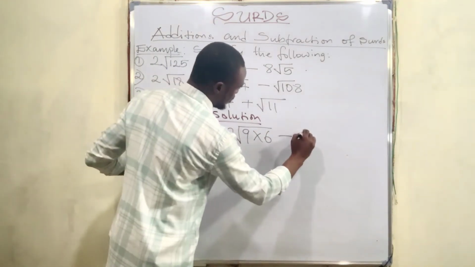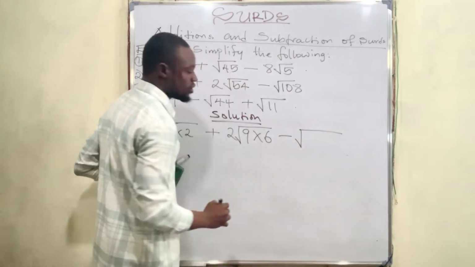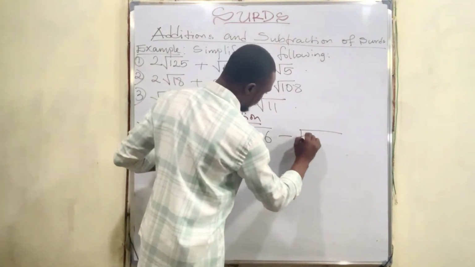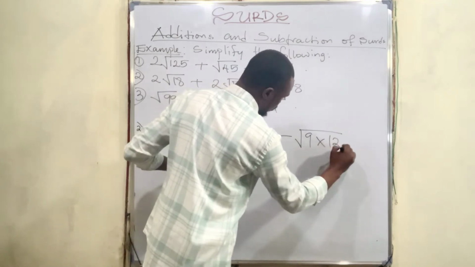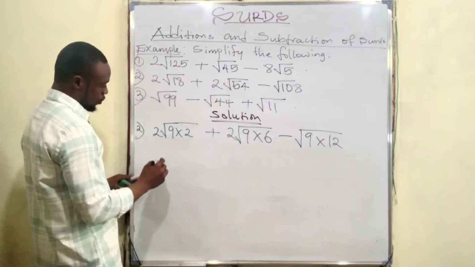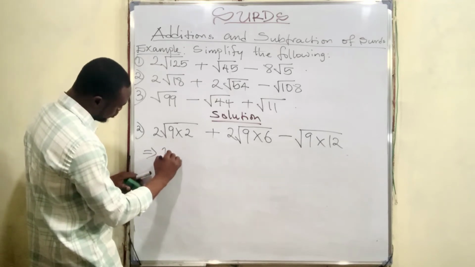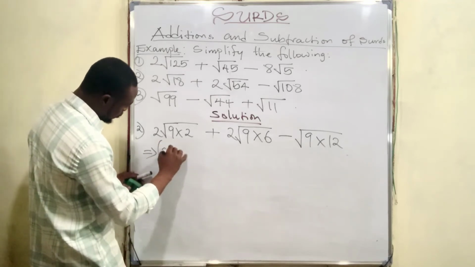Minus 108 is the same thing as 9 times 12. So we have 9 times 12. Okay, so if we split this, we have 2 here. Let me put it in bracket also.